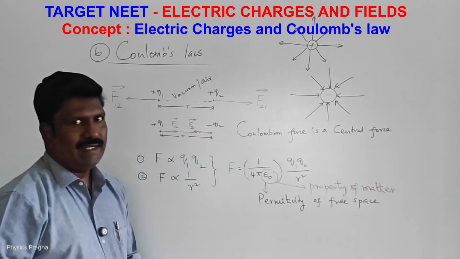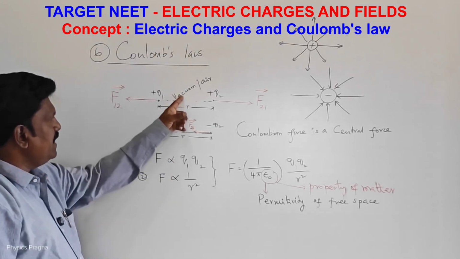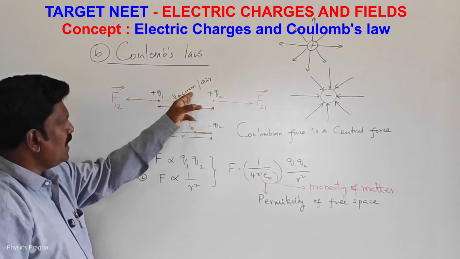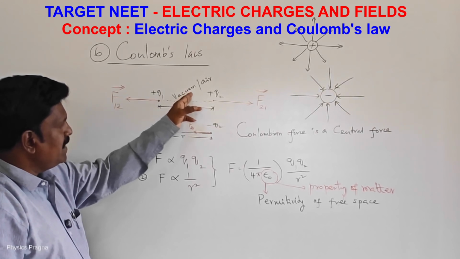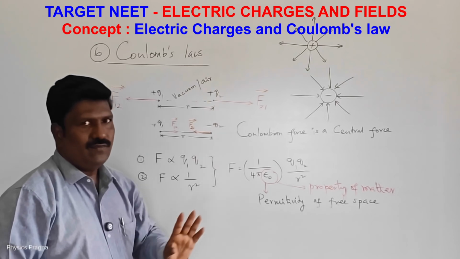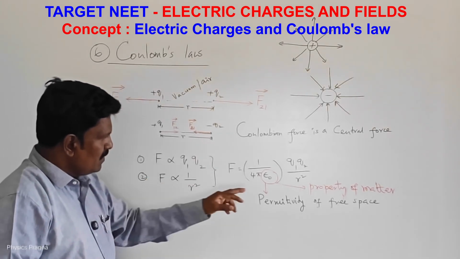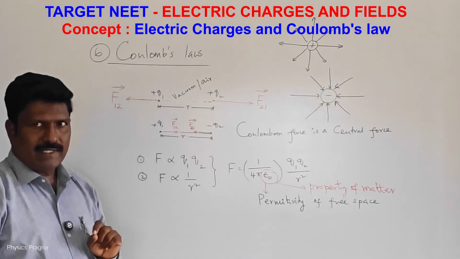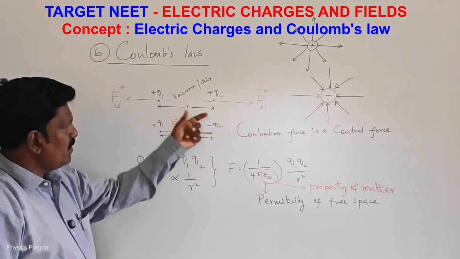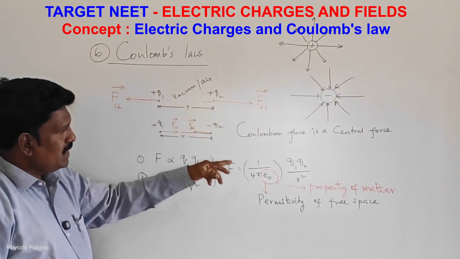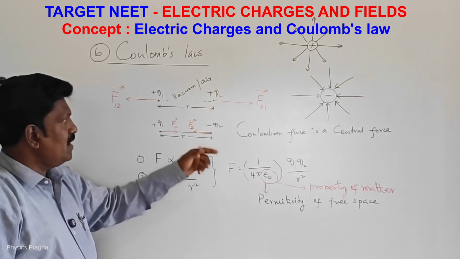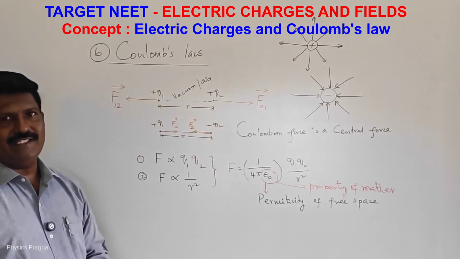These electric field lines should be permitted to travel from Q1 to Q2. In between, vacuum or some material is there, and that medium's property is the permittivity. So one small point to note: permittivity is a property of a medium, which means the Coulombian force depends on the medium between the charges.